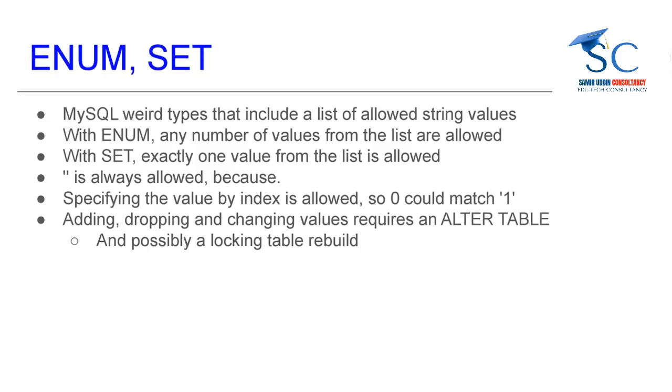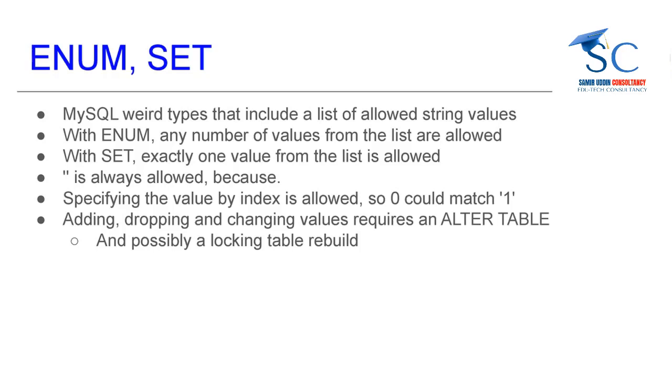In the case of enum, the column can contain one of those values from the list. In the case of set, every value in the list could be true or false, could be there or could be missing. But honestly, this is a bit weird, not supported by ORMs.